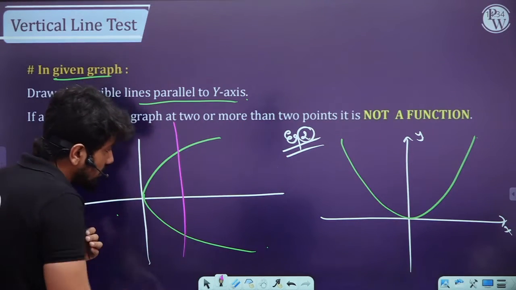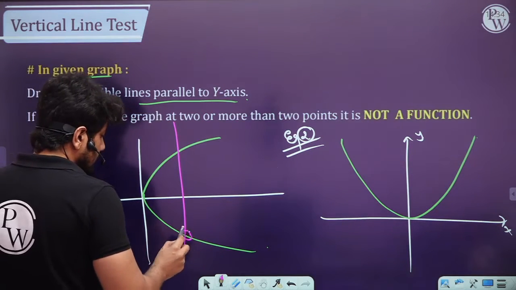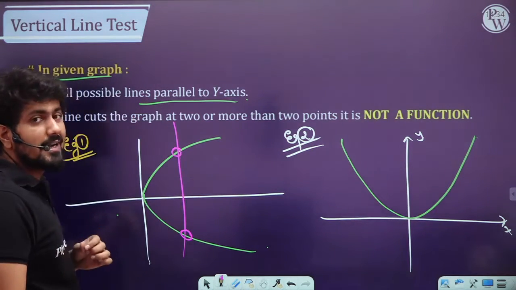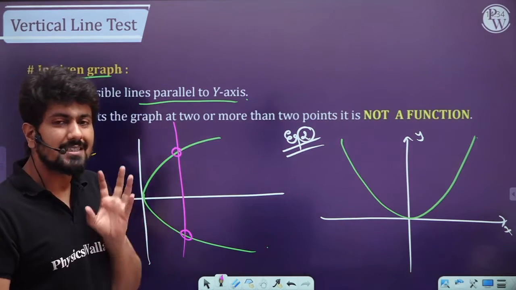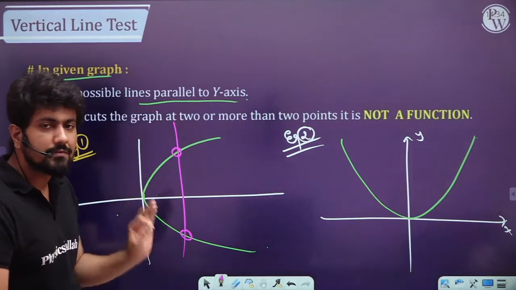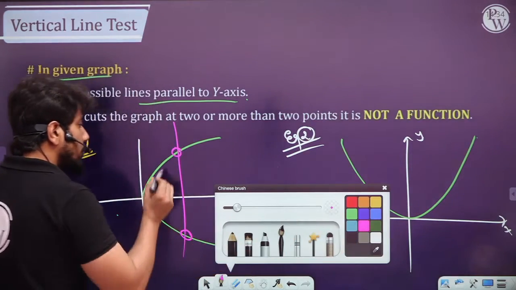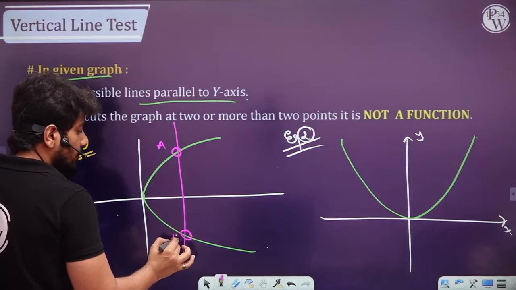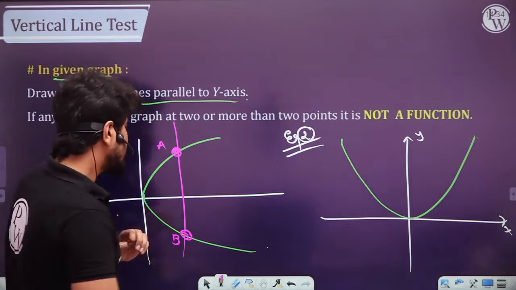See here, if I draw a vertical line, it is cutting the graph at 2 different points. So it is not a function. Now what's the problem in cutting the graph at 2 different points? At these 2 points, let's call them point A and point B, the x coordinate is the same, because this is a vertical line.